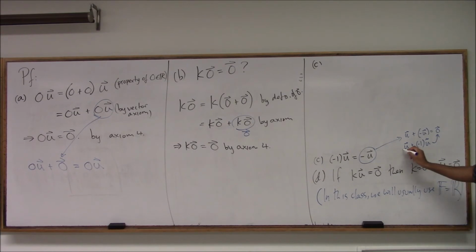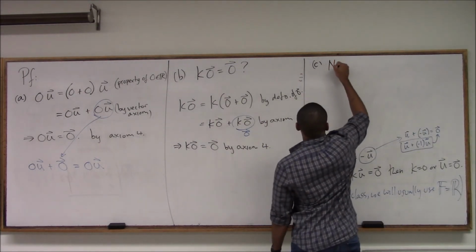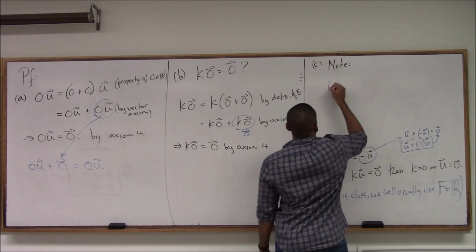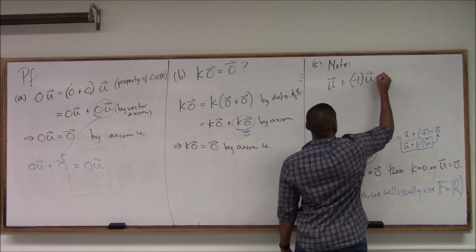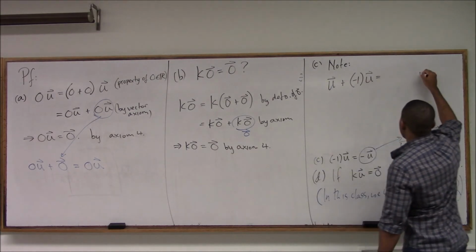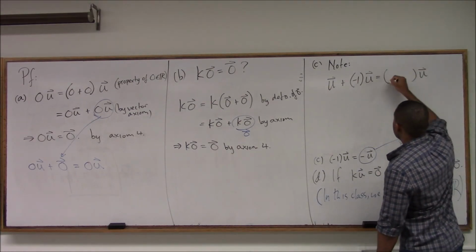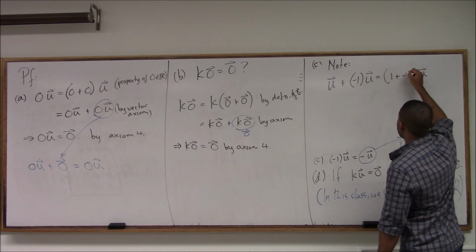But if I start out, let's look at this guy, which is where we want to start, and we want to end here. What can I do with this? I can factor out the u, right? So note that if I take u plus minus 1 times u, I can actually factor out the u on the right side, and that would give me 1 plus minus 1.